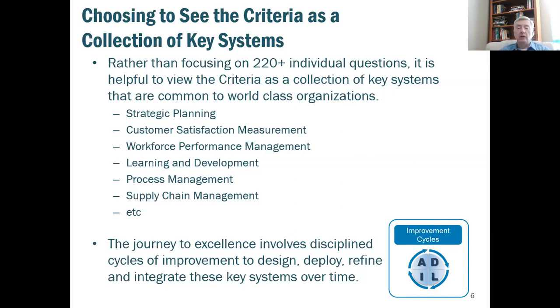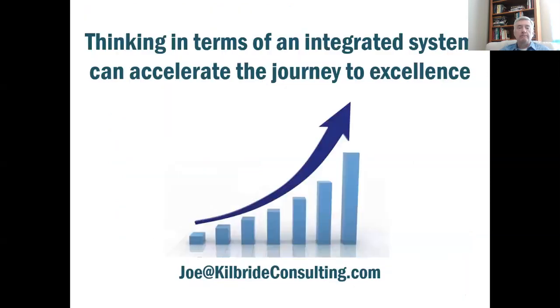And then you integrate all these different approaches over time into the kind of system I showed you on the prior slide. So these disciplined cycles of ADLI, approach, deployment, learning, and integration, applied to each individual system and the portfolio of systems as a whole, is how one over time completes the journey to create, achieve, and sustain an integrated performance excellence system. Thinking in terms of an integrated system can accelerate the journey to excellence.